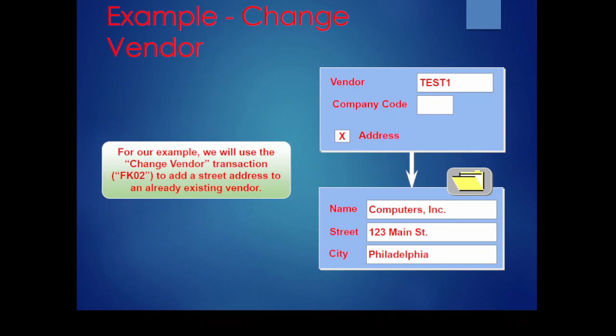The field name for the command field is BDC_OKCODE. We can press the Enter key to move on to the next screen. The action uses /0 as the value in the BDC_OKCODE field, but it is not necessary.